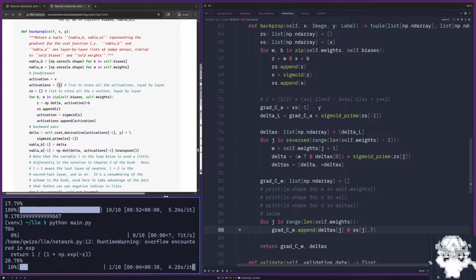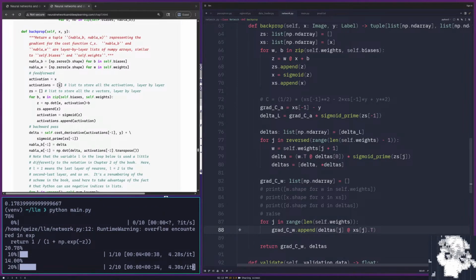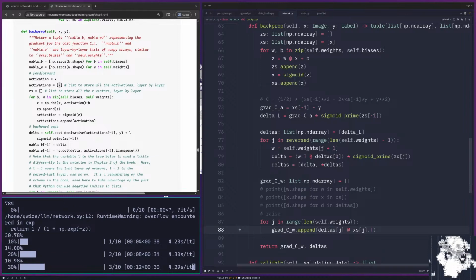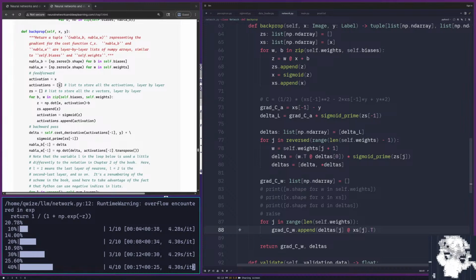I guess it does work. And again, a big jump in accuracy in the first epoch and then back down. Really weird.